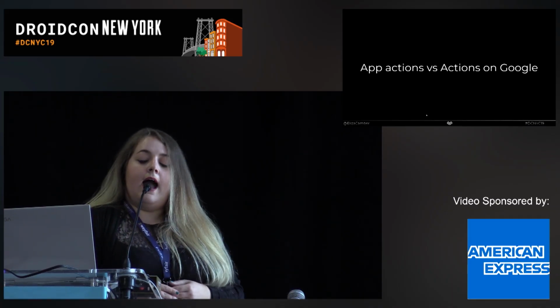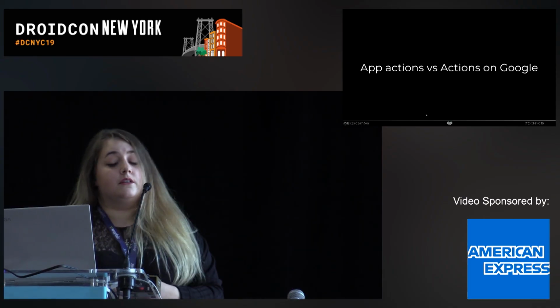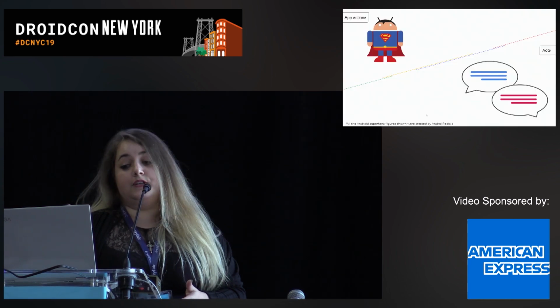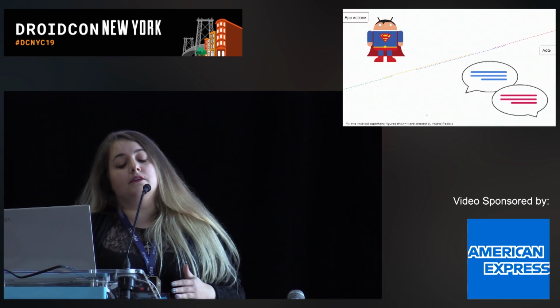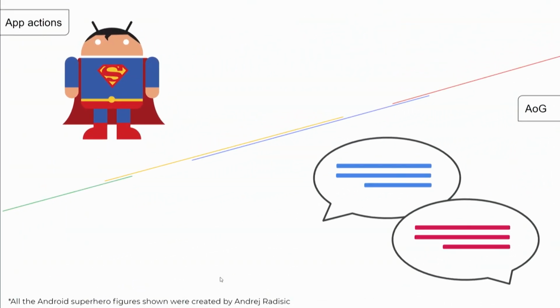App actions are not to be confused in general with the actions on Google. There are a lot of differences. Actually, they're completely different. So the actions on Google, or AOG for short, are conversational apps, while the app actions are basically your apps that are enabled through the Google Assistant.